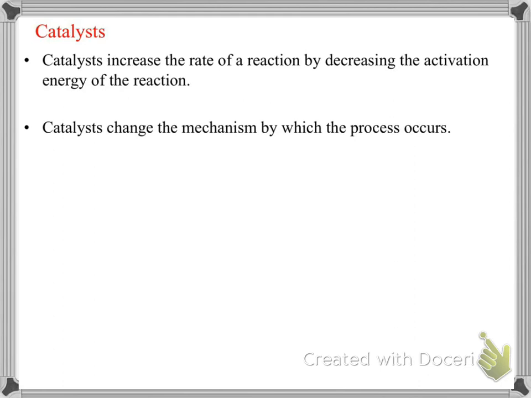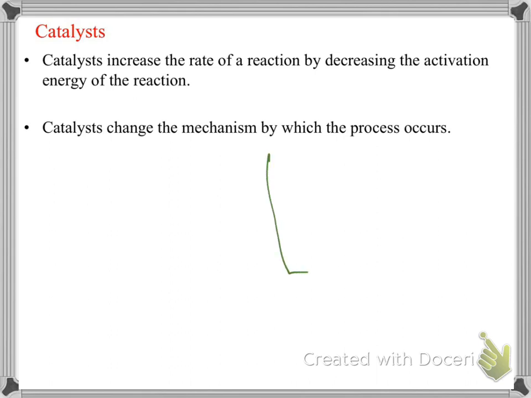A catalyst also plays a role in increasing the rate of a reaction by decreasing the activation energy of the reaction. And how does it work? It basically changes the mechanism by which the process occurs. Again, a catalyst can help you to increase the reaction rate, but it cannot make the reaction happen.